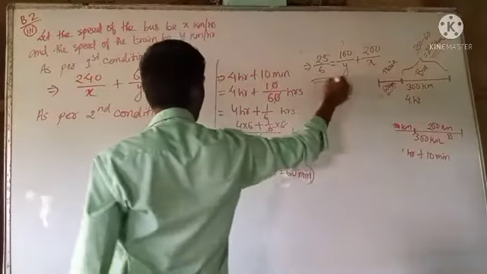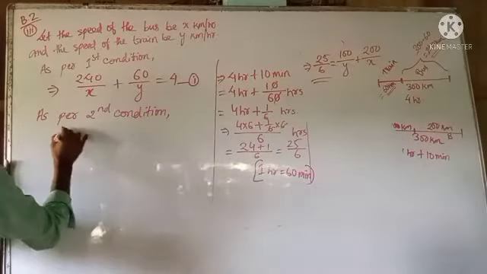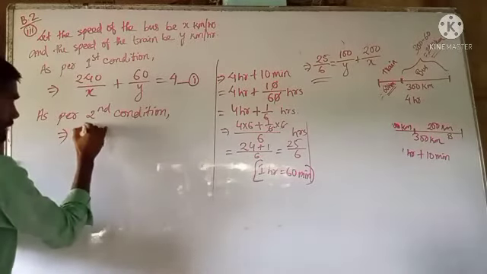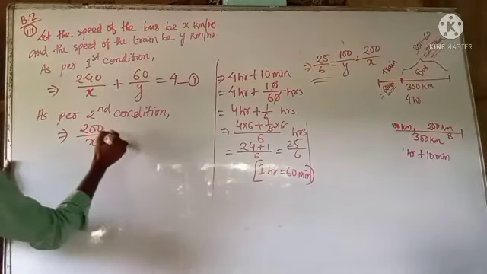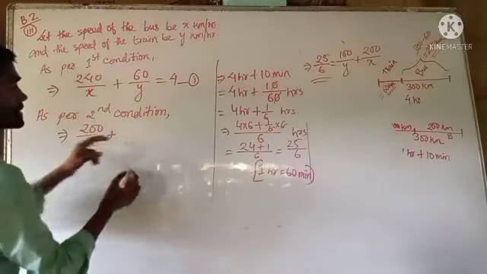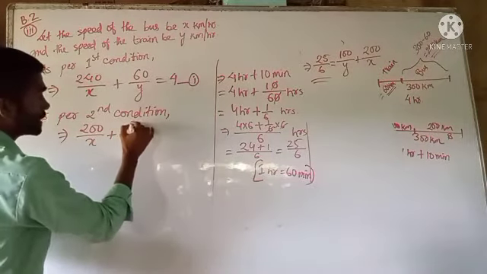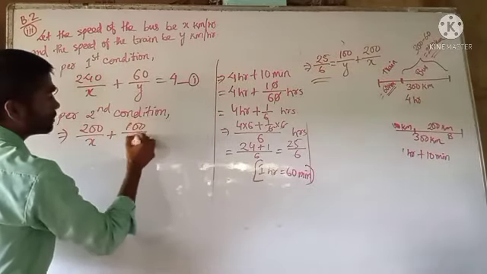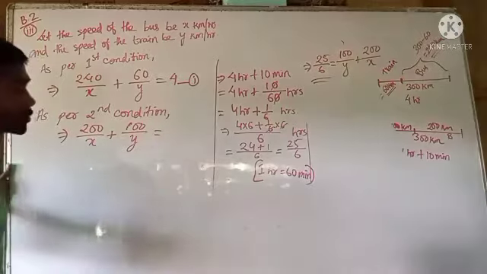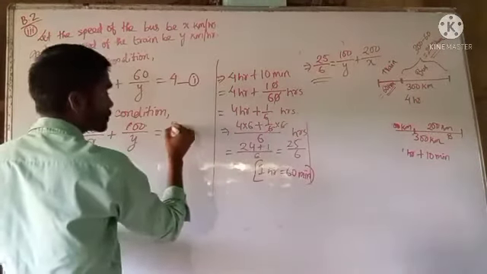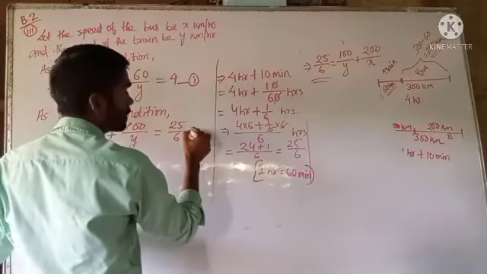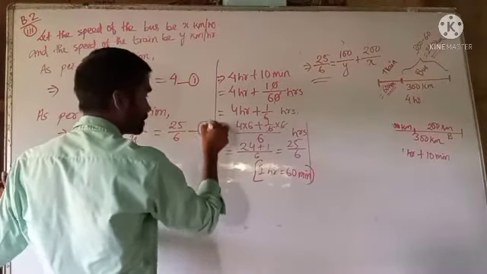So we will get our second equation from this also. So now we will write 200 by x, the time taken by the bus, plus the time taken by the train, 100 by y, is equal to the total time taken here, 25 by 6 hours. That is our second equation.